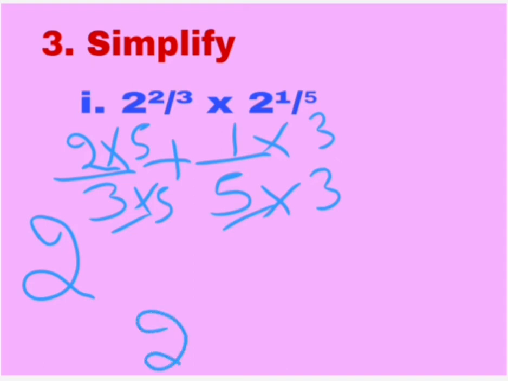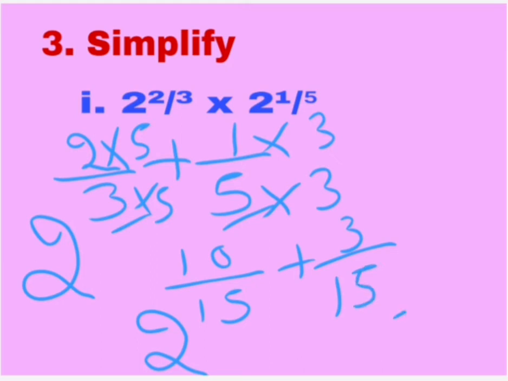It will become 2 to the power 10 by 15 plus 3 by 15. Now the denominator is the same. We can add this as 2 to the power 13 by 15. So that is the solution for our first sub question.